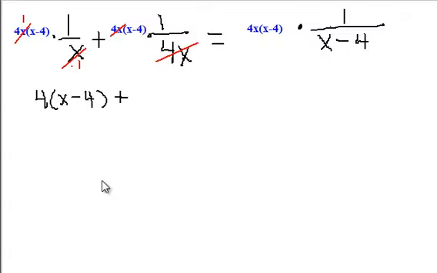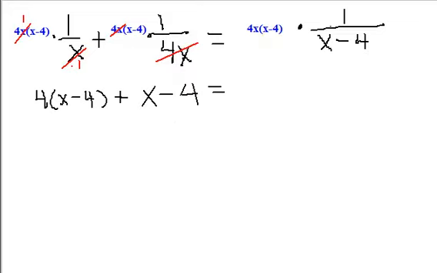So when I multiply each term by the common denominator, in this case the least common denominator, I want to divide that denominator into the common factor that matches that denominator factor that's part of the least common denominator. And my goal is to divide and rid the expression of fractions.